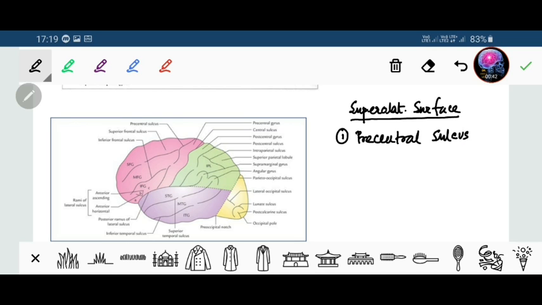That precentral sulcus is broken into 2 or 3 parts and it runs downwards and forwards, parallel and a little anterior to the central sulcus.